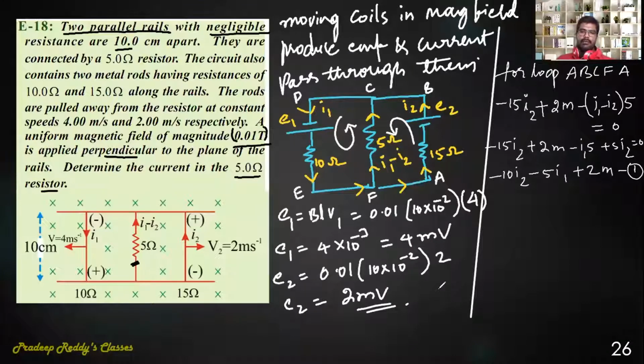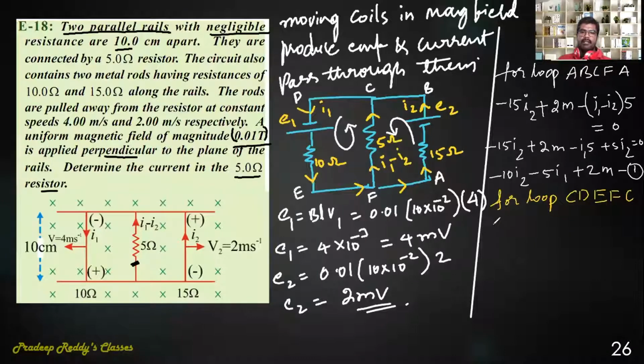Likewise, you take another loop. For loop C, D, E, F, C, you are going along D to E. From D to E, you are going along this battery E1.